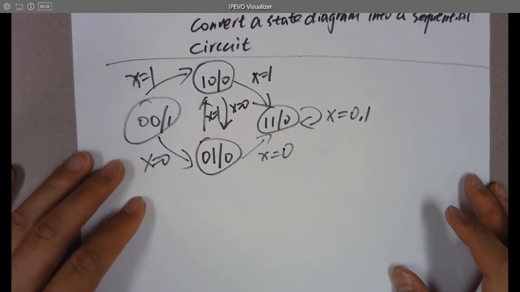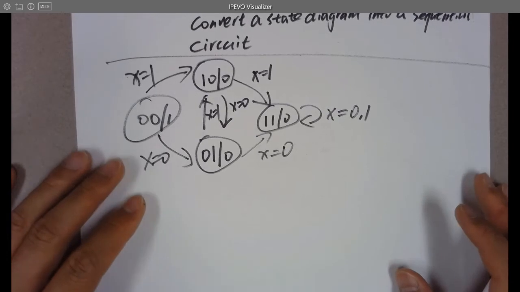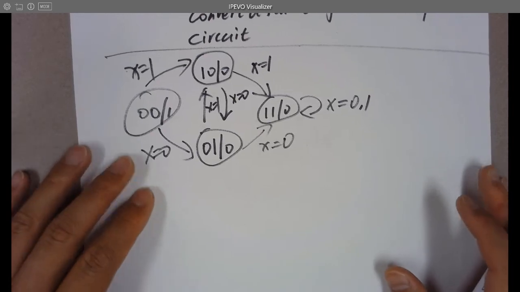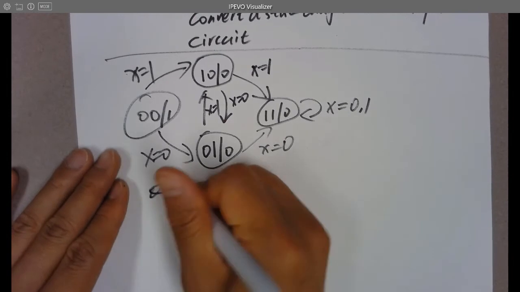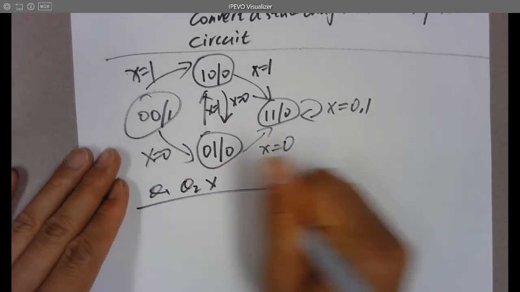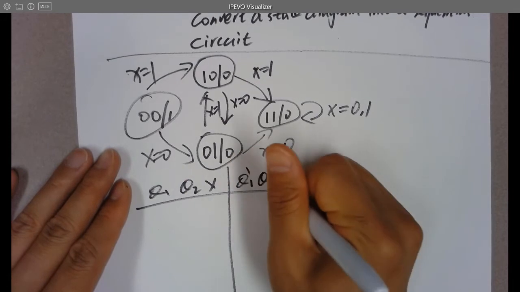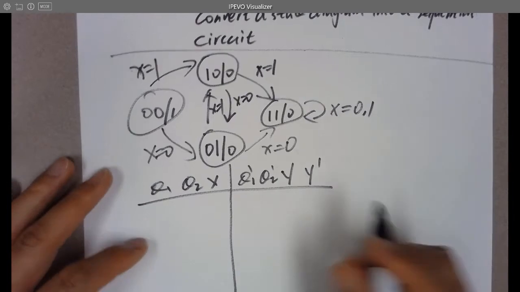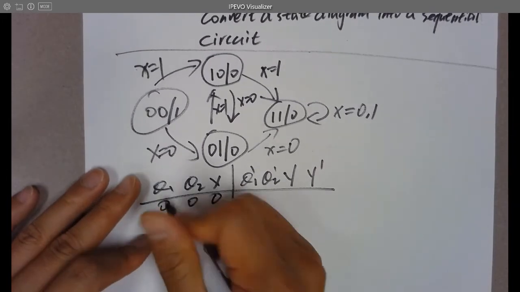So we have a state machine, how to convert it into a circuit. Still, we need the truth table in the middle to make more sense for us. Q1, Q2, x are the 3 inputs. Q1 prime, Q2 prime, y and y prime. Okay, and still we have all these combinations.